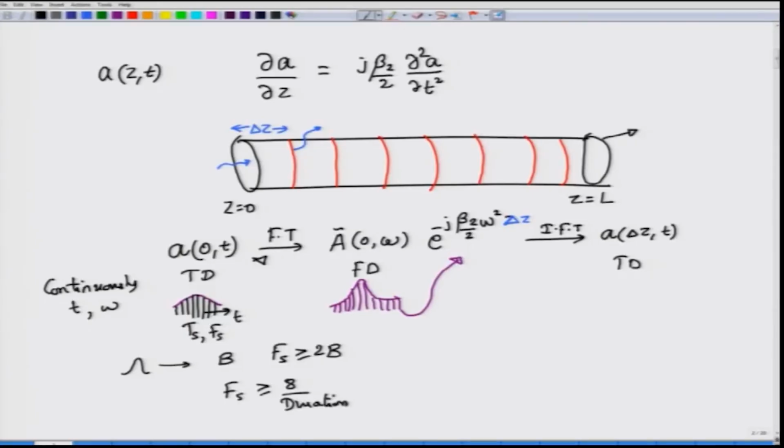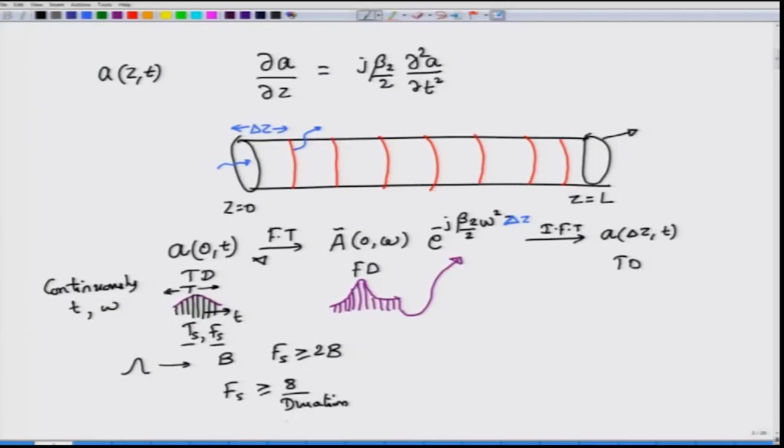So, if the entire pulse is say a T second pulse, then 8 by T is what you would take as the sampling rate of this particular pulse, and of course, Fs is equal to 1 by Ts, right. So, sampling interval and sampling rate are inversely related to each other.